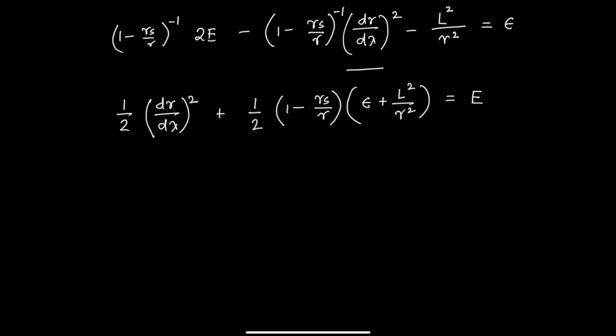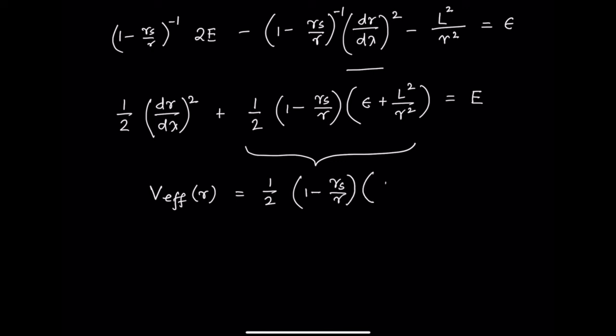Let us first write this entire thing as V effective, which is a function of R, of course. And V effective as a function of R is 1 minus Rs by R into epsilon plus L square by R square.